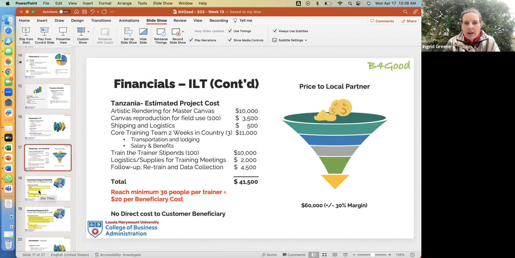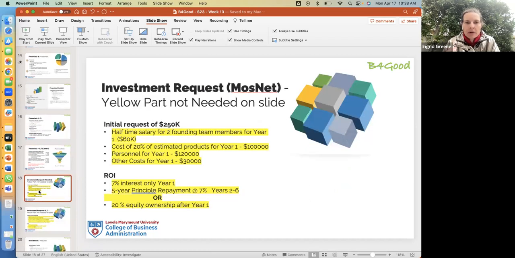And so how does all this information translate to an investment request? Going back to that mosquito net example, you're going to ask for $250,000. Right? Because that accounts now for half-time salary for 2 founding team members for year 1 at $60,000. You're saying that your founding members can work other part-time jobs and do this part-time.